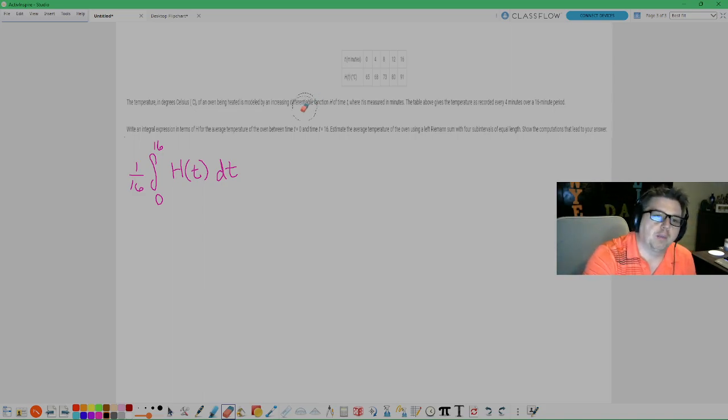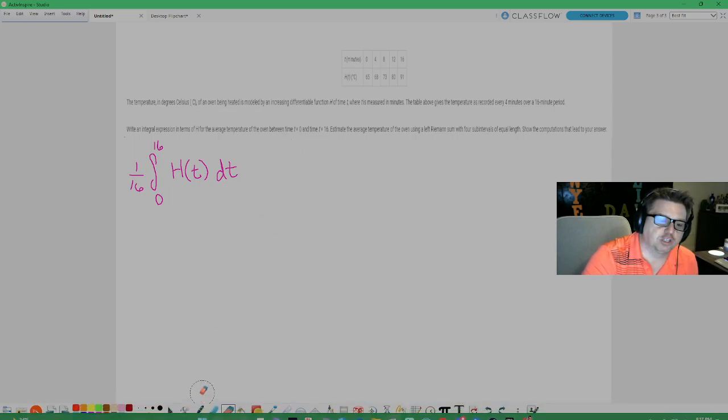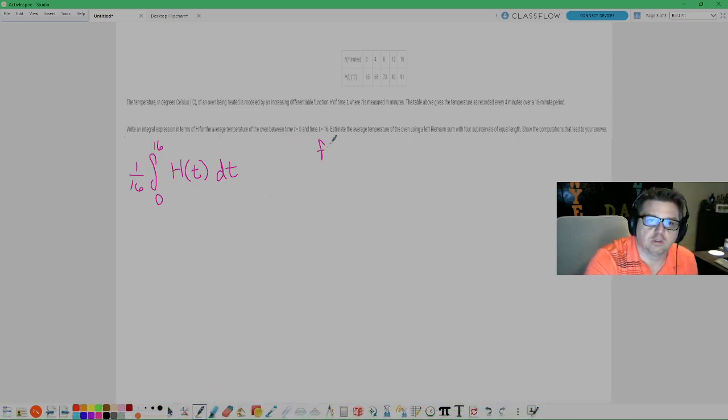Well, when we think about this, remember the average rate of change, f of b minus f of a over b minus a. The integral legit does this for us. That's what the integral does. What we are missing is the bottom piece, the b minus a part.